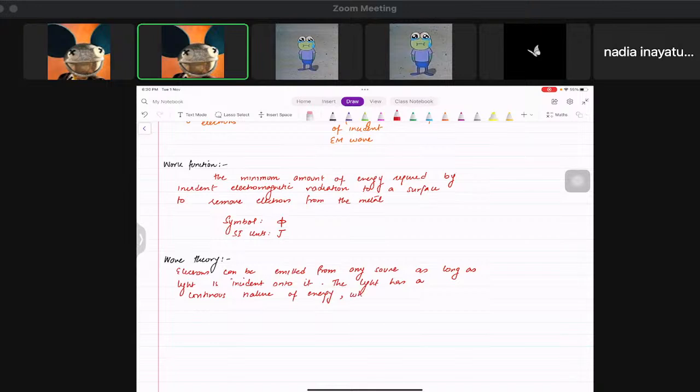Which is accumulated by electrons till they have enough energy to release. So this is what wave theory is.